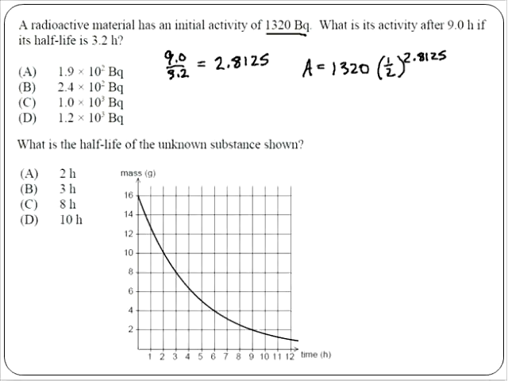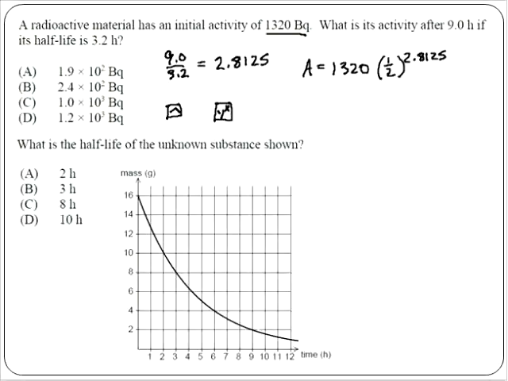Now you need to know how to do that on your calculator. On some of your calculators, the button will look like this, if you've got a graphing calculator. Or it might look like this, y to the power of x, or it might be x to the power of y, but those are the buttons you have to look for.